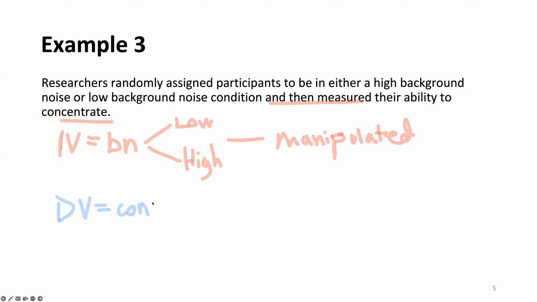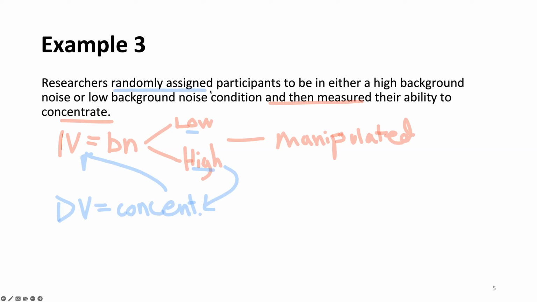We think that concentration is dependent on this independent variable. So we think that something about these conditions is going to have an effect on our dependent variable. So here we need to say, okay, we have a manipulated variable. So we know that it's at least a quasi-experiment. How do you know that it's an experiment?